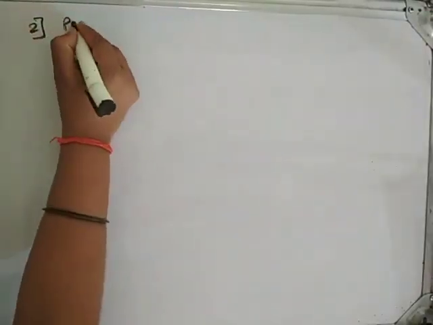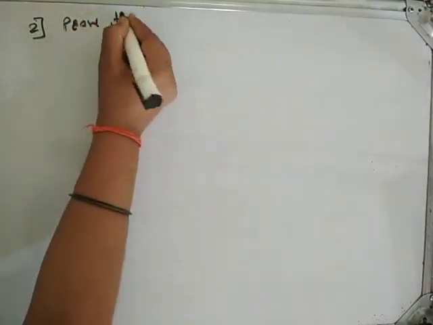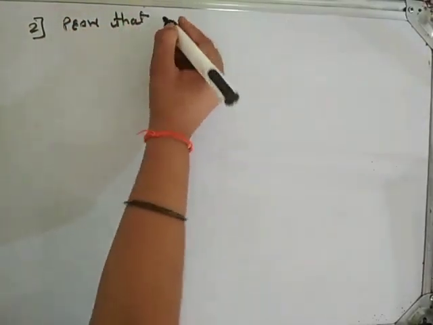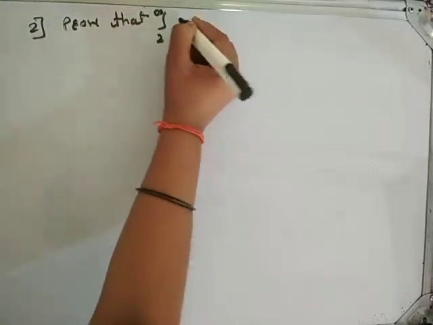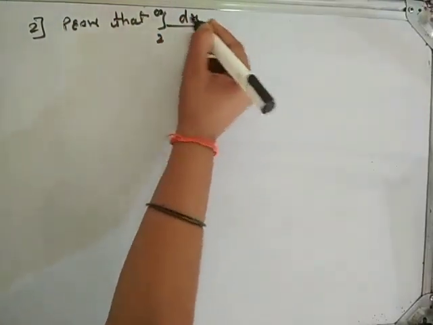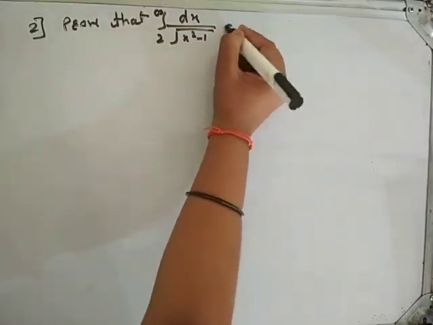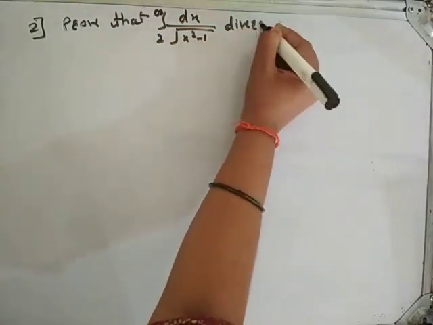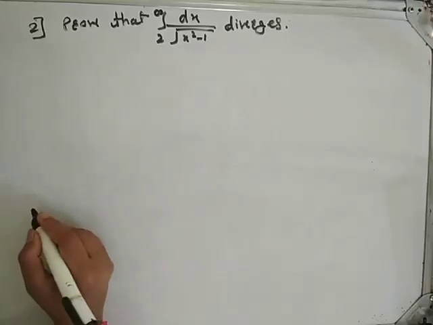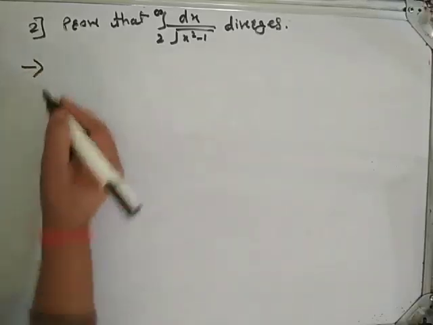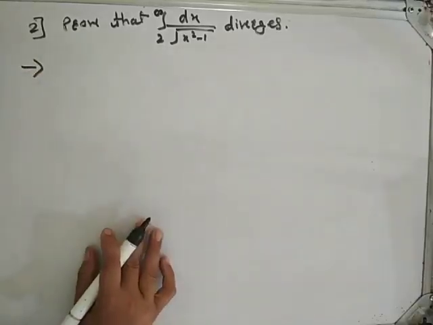Now we will see the next example. Prove that integration from 2 to infinity dx upon under root of x square minus 1 diverges. Solution.